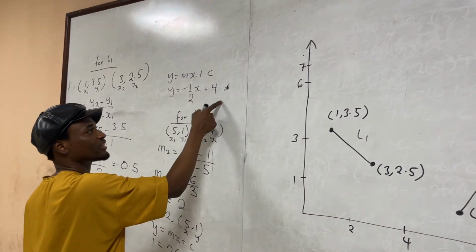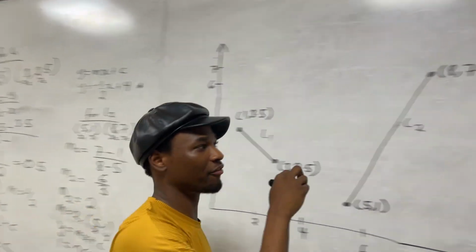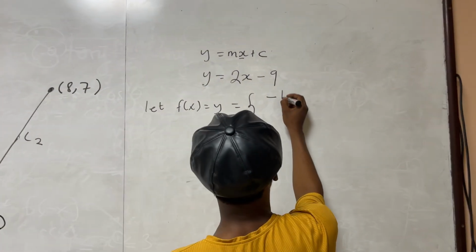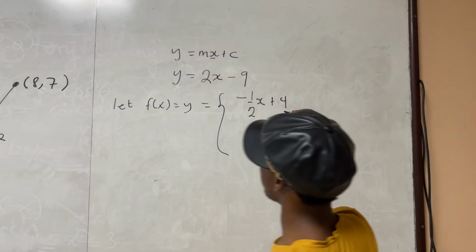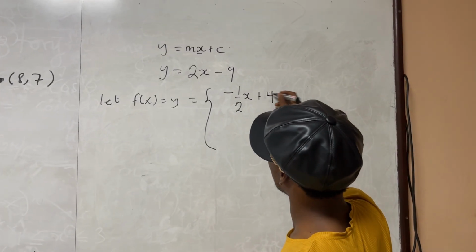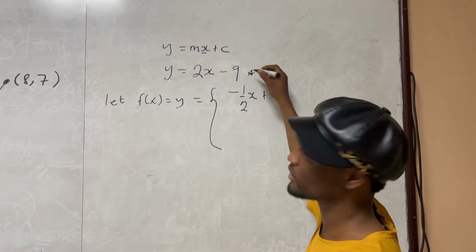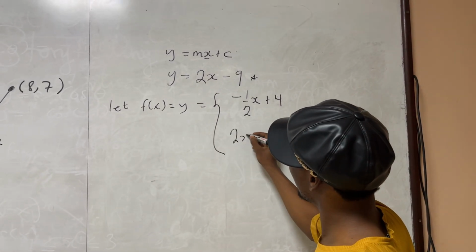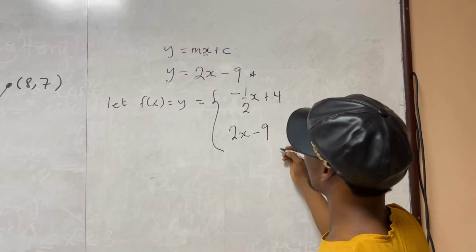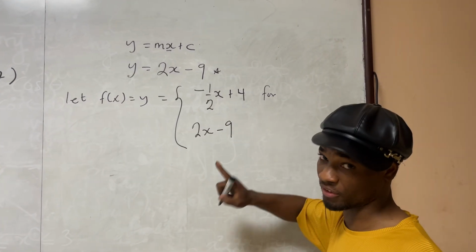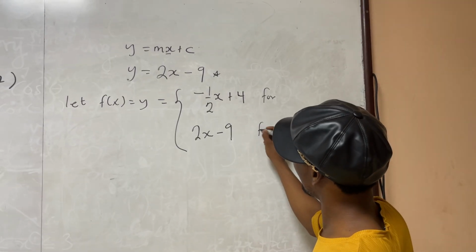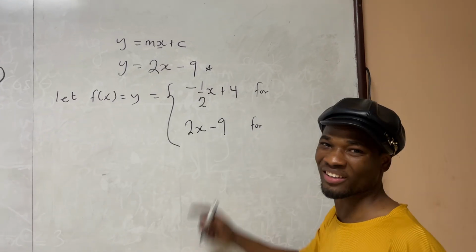We are going to write this, right? So negative half x, then plus 4. Okay? Then this function, which is what? 2x minus 9. For what values that will make the function defined. And this also, for what values that will make this function defined.